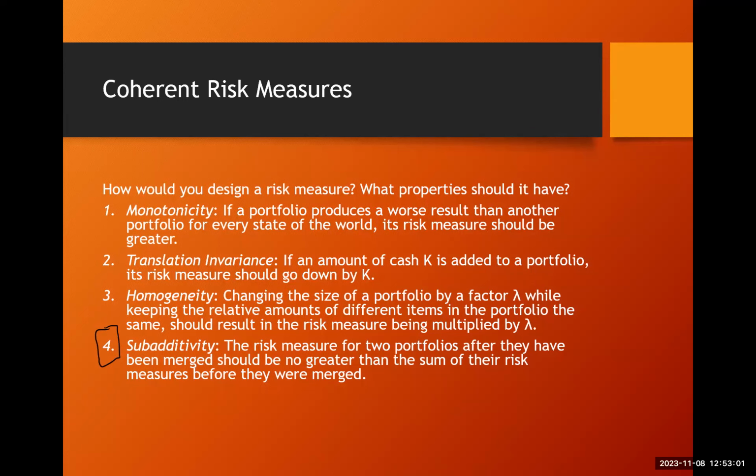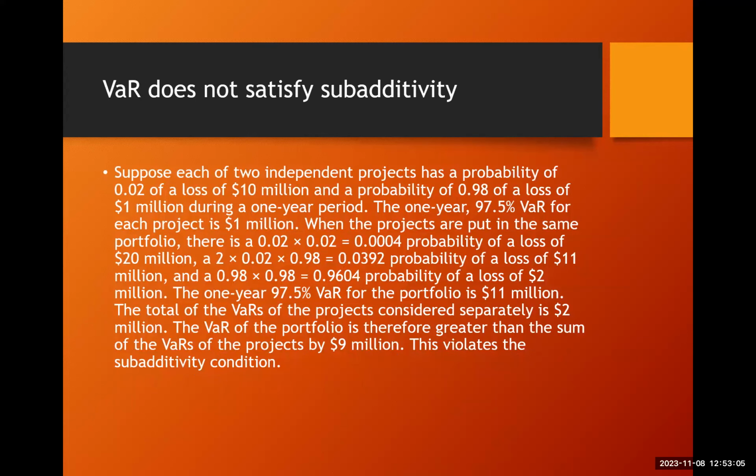The fourth part, the subadditivity, is the important one because this is what breaks down for value at risk. Value at risk contains the other 3 components of a coherent risk measure, but not subadditivity. This example here shows you how subadditivity can be broken.